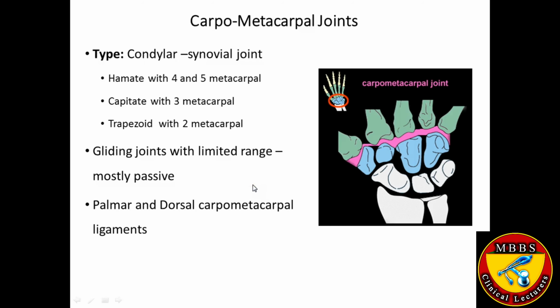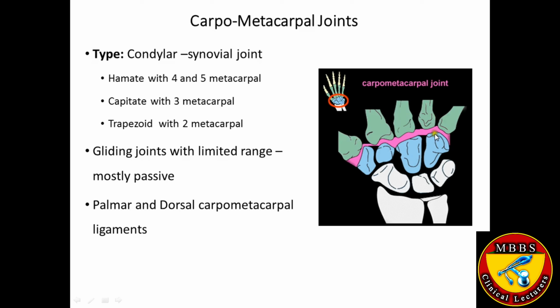Then the carpo-metacarpal joint means the joint in between the carpals and the metacarpal bones. What type of joint is this? Condylar synovial joint. Hamate with the 4th and 5th metacarpals. Hamate, you can see over there, which attaches with the 5th and 4th metacarpals over there.